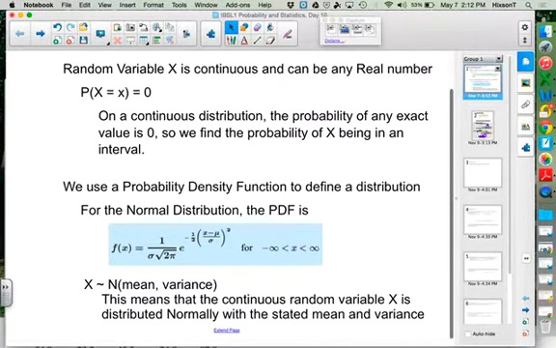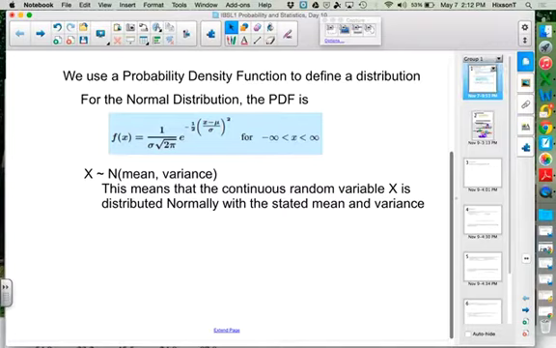Now, check out the notation here. You're going to see this notation quite a bit, and you need to understand what you're being given. When you see this, it says that x is distributed. That's what the tilde stands for. X is distributed normally, with a given mean and variance.